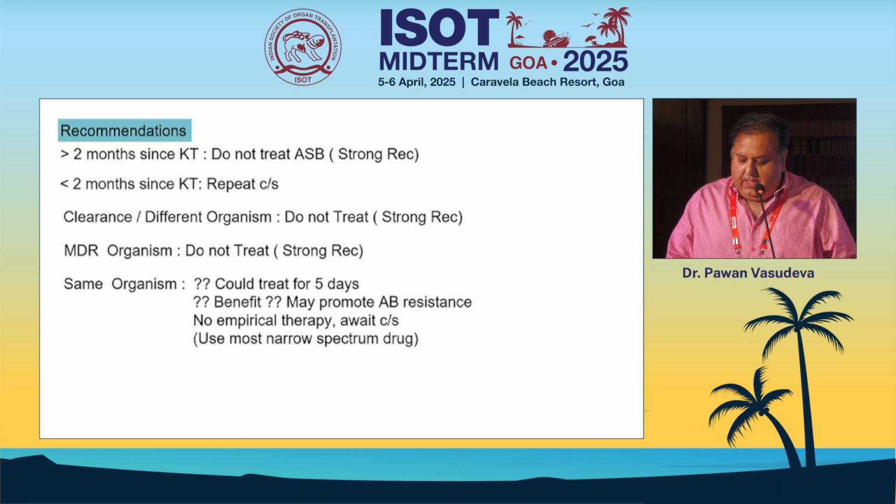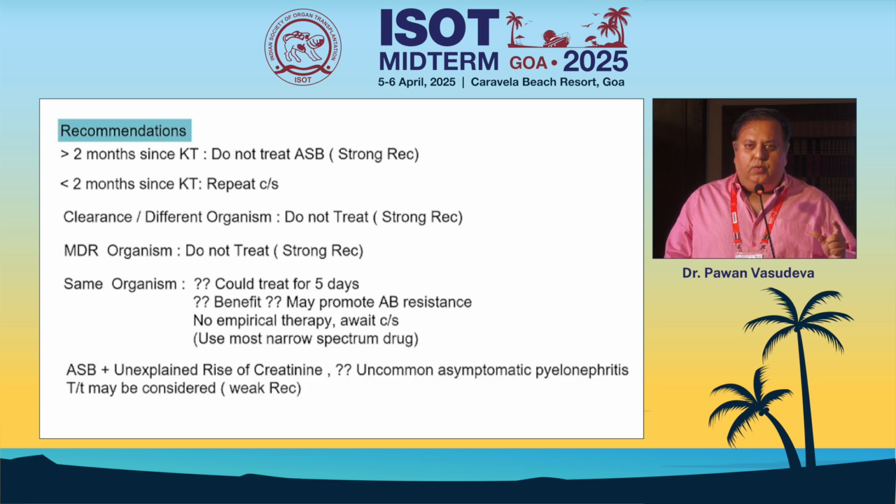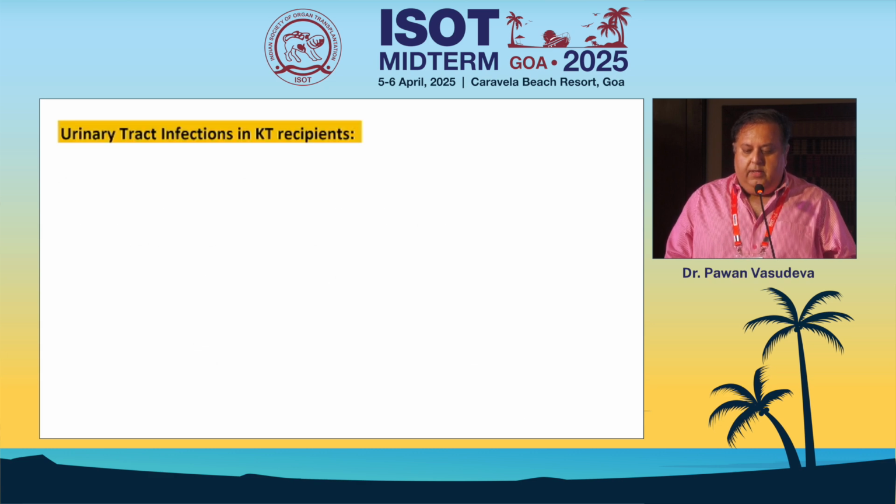We don't. The only situation where you would probably want to treat is if you get an unexplained rise of creatinine post-op, because uncommonly the pyelonephritis may be asymptomatic. So that's the only space where you may want to give the antibiotic.